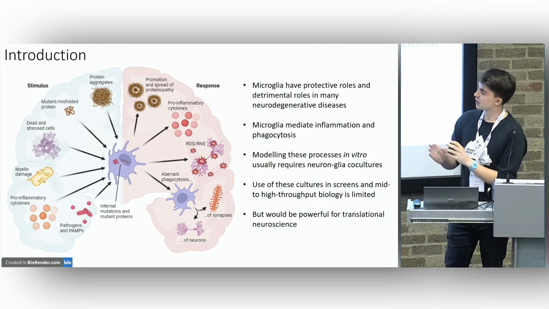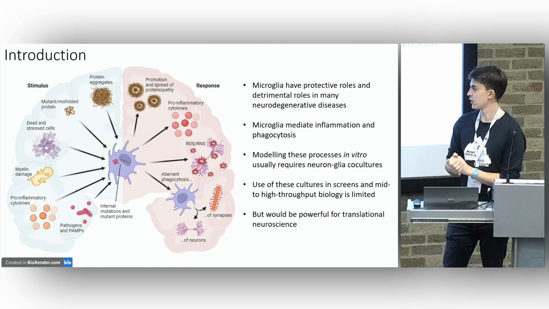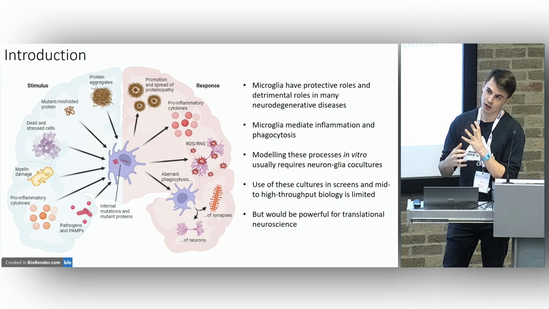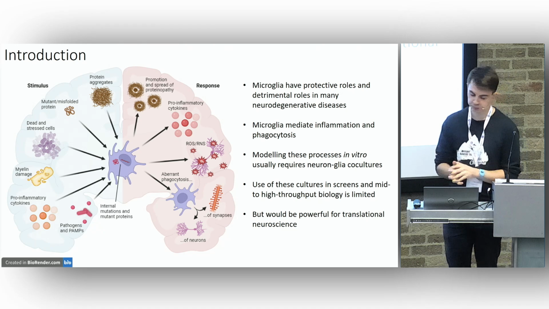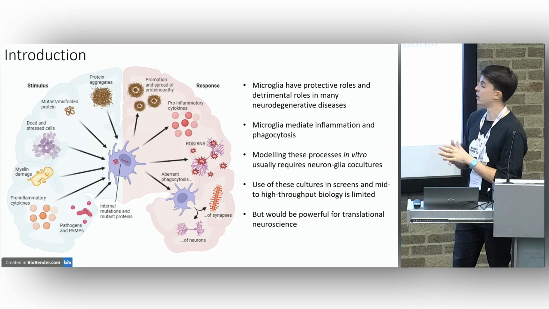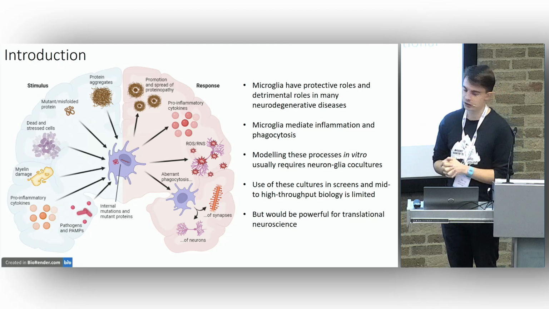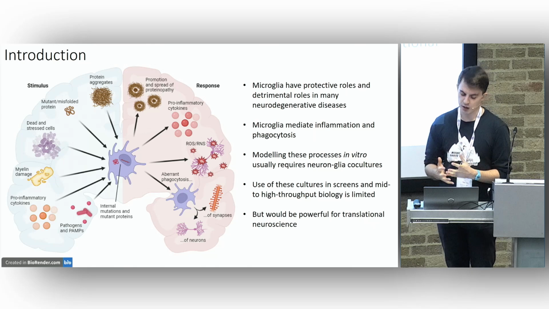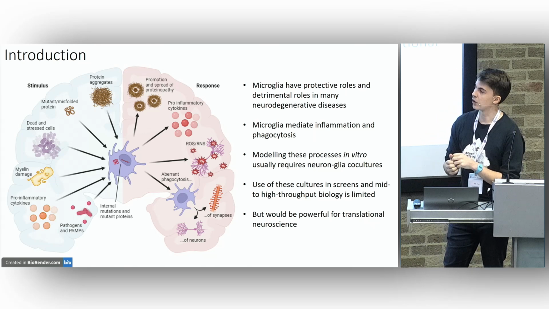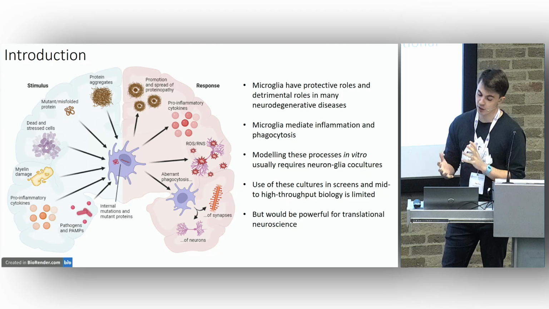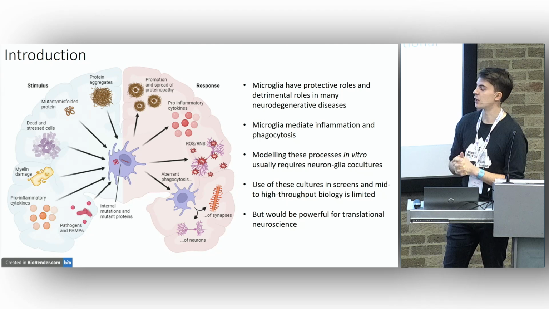To model these processes, particularly the contact-dependent processes, particularly phagocytosis, you really need to be using neuron-glia co-cultures to see that directly in vitro. However, although we've seen plenty of talks that have used these cultures, and they're fairly widespread, their application in high-content, high-throughput biology remains rather limited in the academic literature, at least.